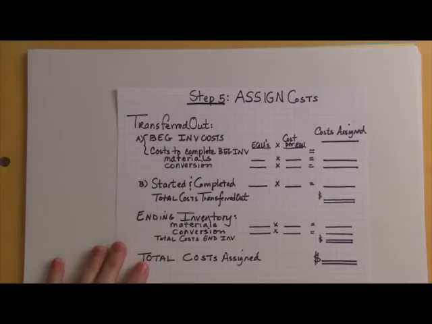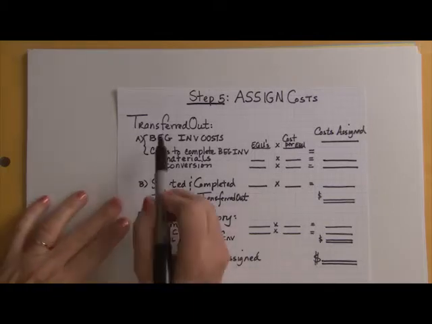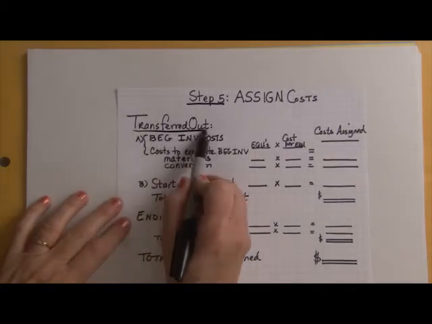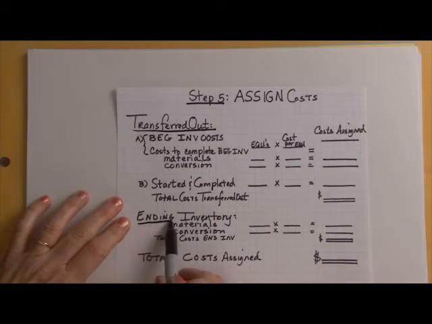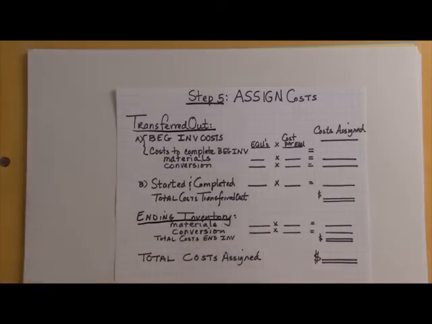As we discussed earlier, the most complex part of FIFO comes in step 5, and we need to say this again. We are still just assigning costs to the units transferred out and then to ending inventory. So don't lose sight of the big picture. We're still taking the cost and trying to assign them to 2 places. The ending inventory, there is really no change in how we do that.